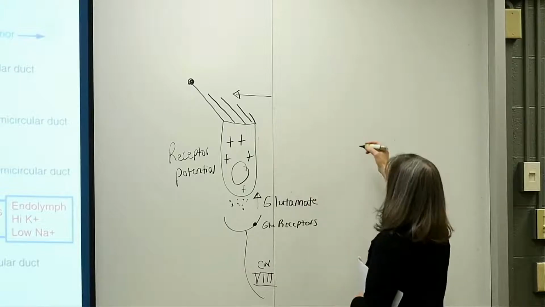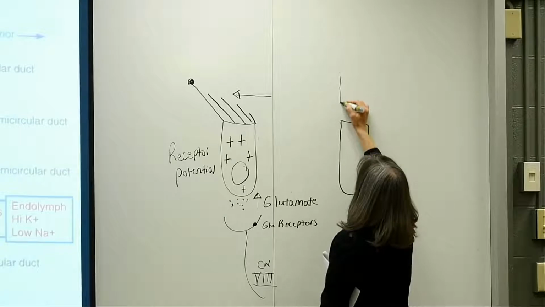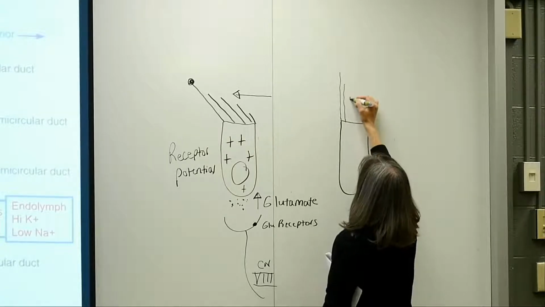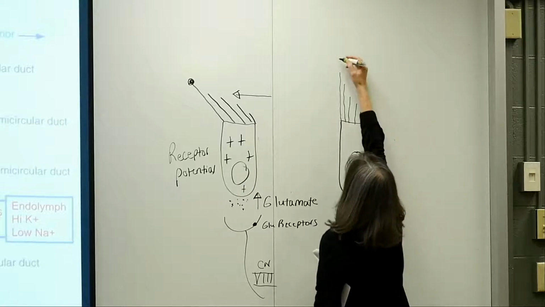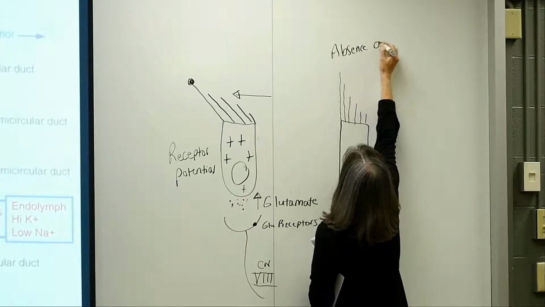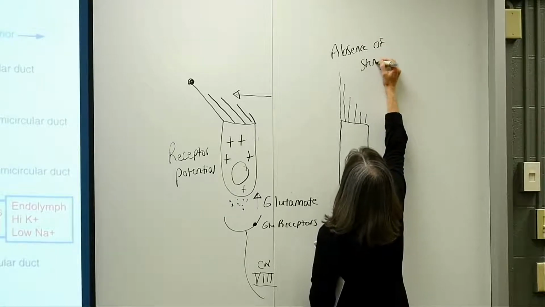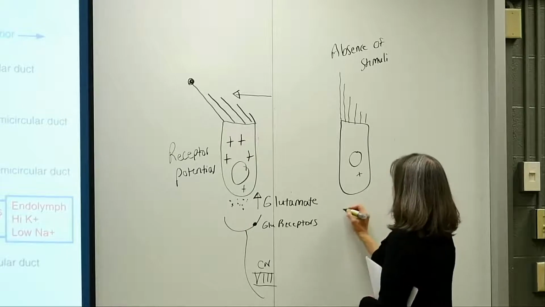Okay? It turns out when our hair bundle is not moving towards either side, so these are just straight up and down, so we could think of this in the absence of stimuli, our hair cell has baseline activity.